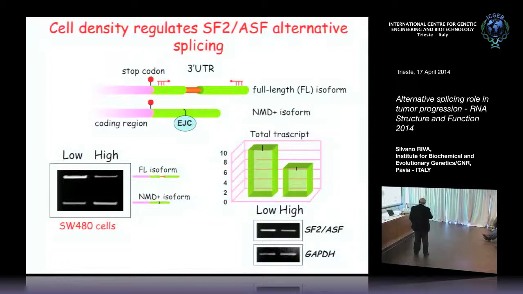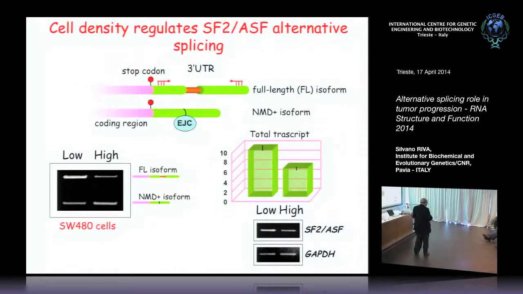In other words, when you grow cells at high density, you skip this exon, you produce more of the form of the RNA that is degraded.